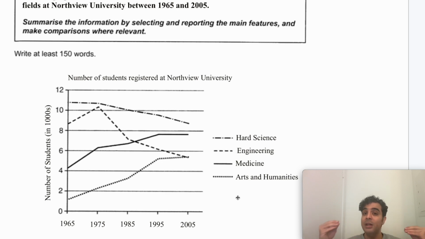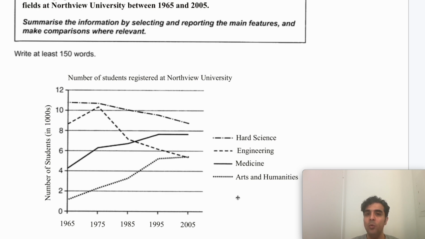Notice that it's a very long sentence, but it's still 1 sentence. And so altogether, I managed to put together one paragraph consisting of 3 sentences describing the hard science and engineering majors. Now, think about how you would do the same thing for medicine, arts, and humanities.